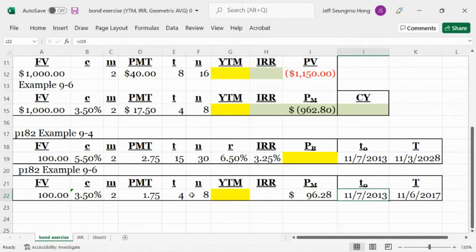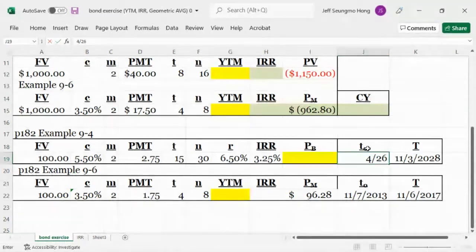And 4 years left to maturity. I can change it to today's date. And this one is tied to this. So I will have to change this date, right? I'm not going to change only this.